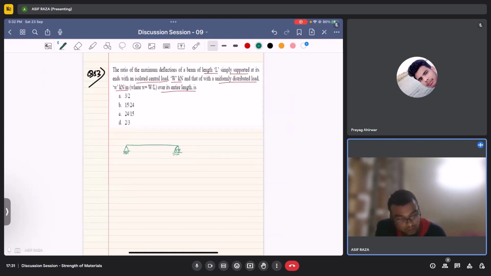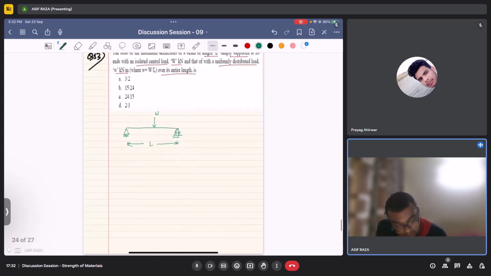First case is a simply supported beam with a span L, and there's a concentrated load or isolated center load W acting at the center. Okay, this is the first case.